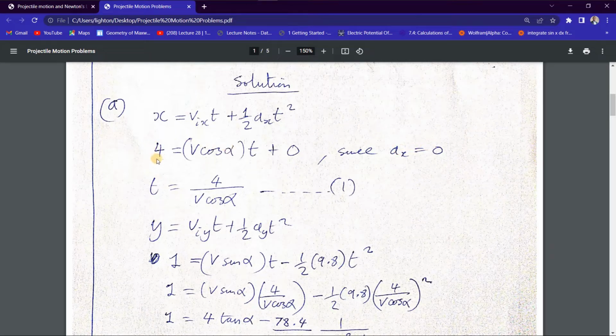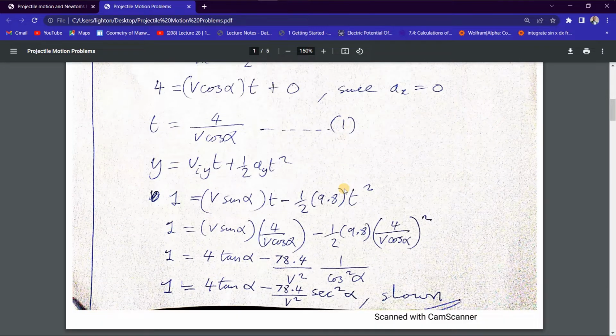So from this same expression, we can make t the subject of the formula. So we'll have t equals 4 over v cos alpha. You get that expression and you name it equation 1.